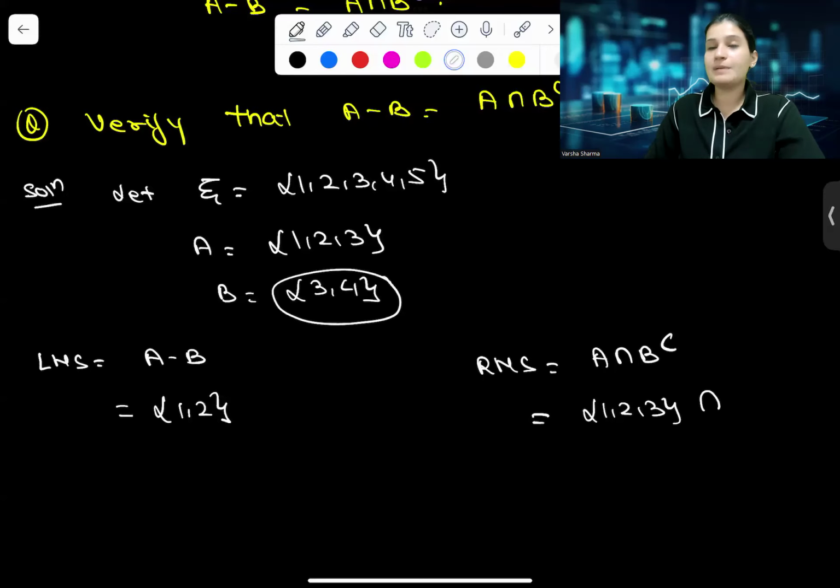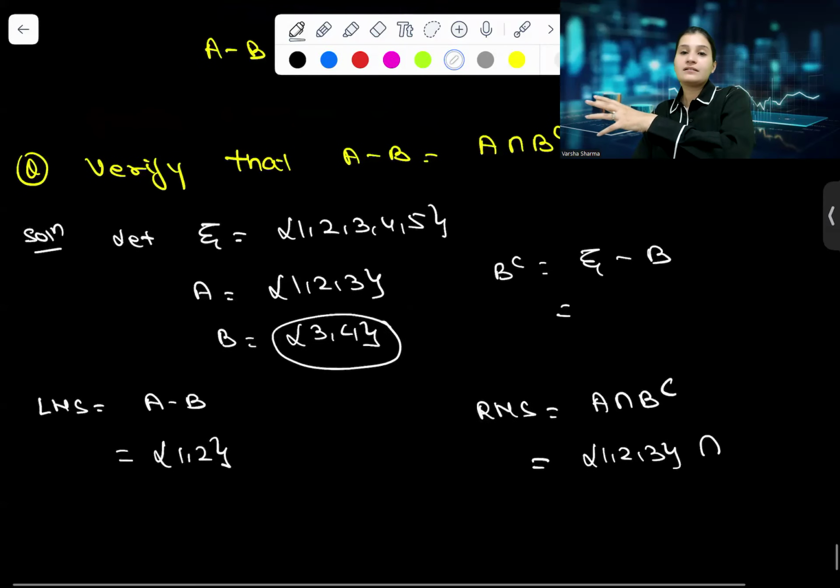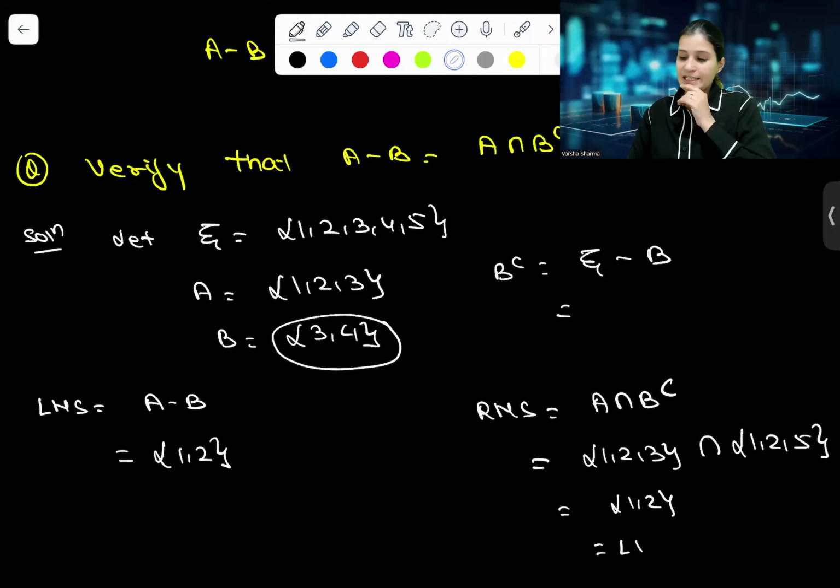What is the complement of 3, 4? B complement is the universal set minus B. So from 1, 2, 3, 4, 5, subtract 3 and 4. What do we get? 1, 2, and 5. What is the common element between the two? That is the same as LHS. This is verification. Understood the difference?